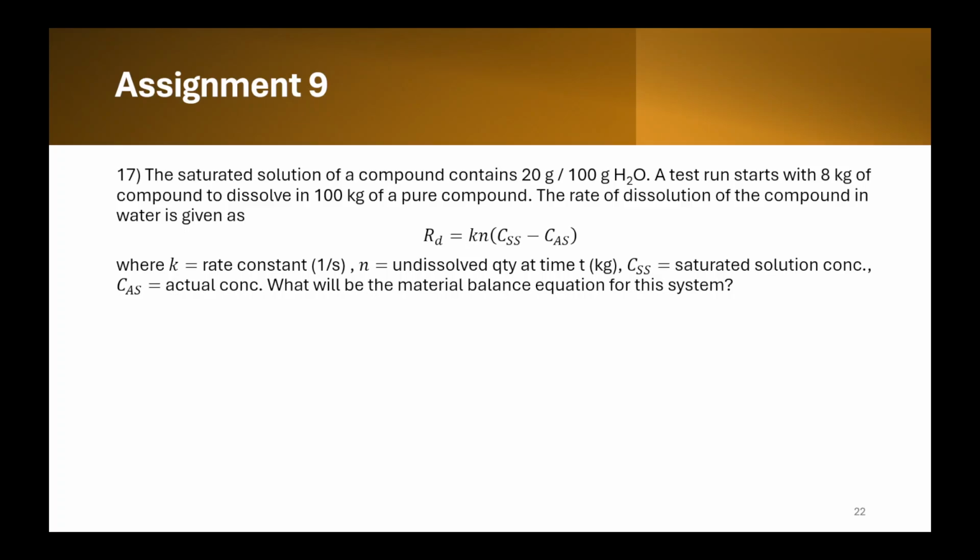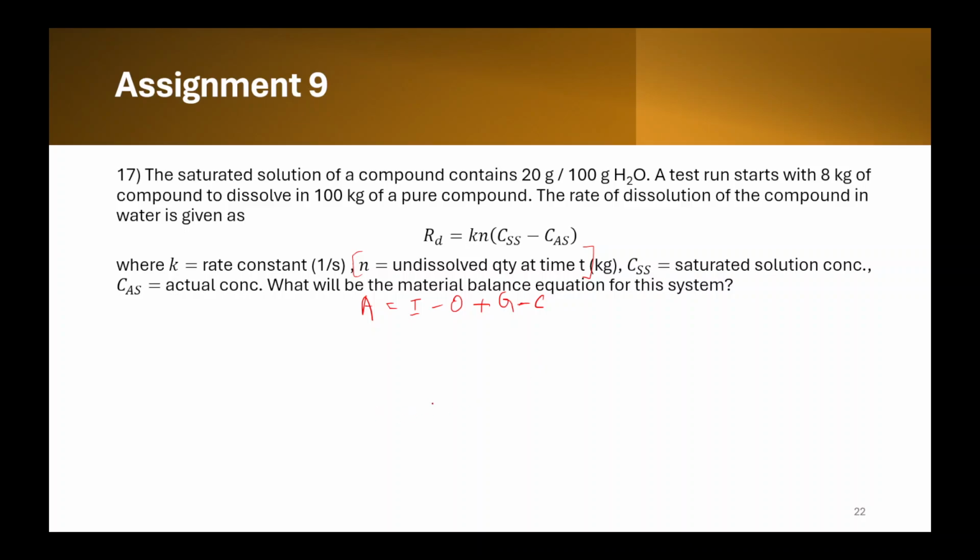So whatever the quantity is dissolved. What will be the material balance equation for this system? So we write again A = I - O + E - C. We can take this statement: let n be the undissolved quantity at any time t.